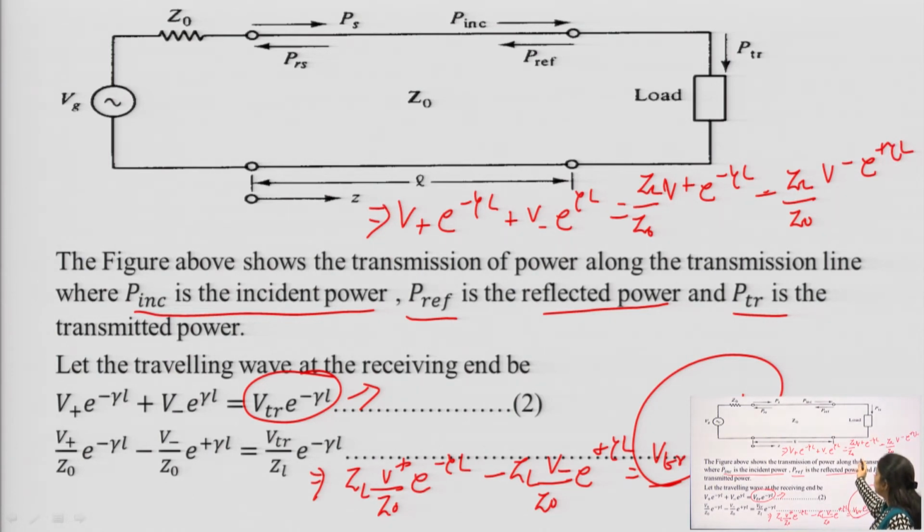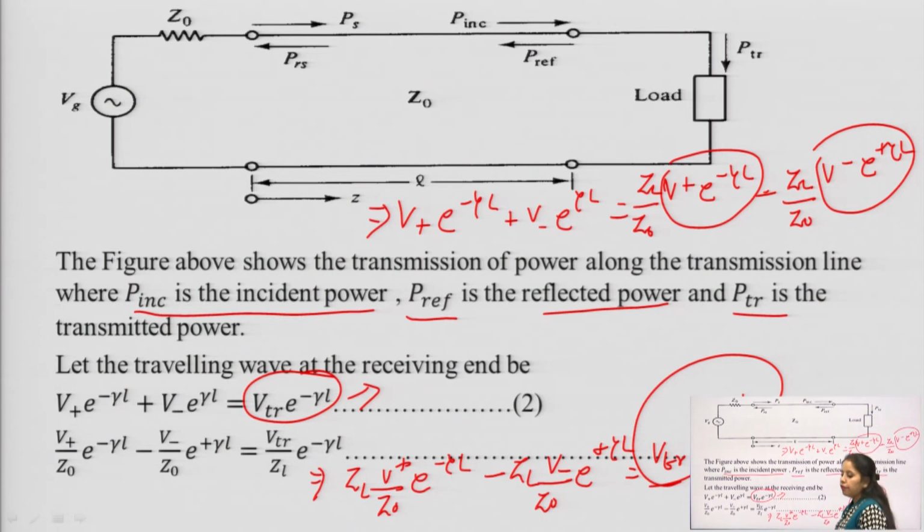We have to take the common of V plus e to the power minus gamma L and the common of this one. When we take the common, we will have the value of V plus in terms of V minus and V minus in terms of V plus.